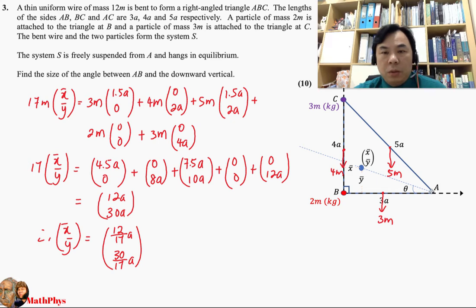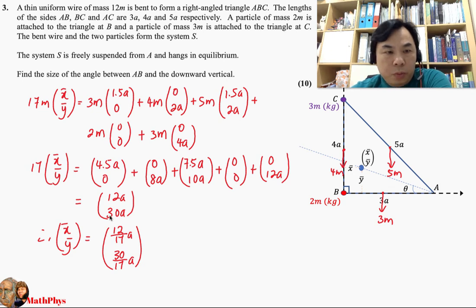Let's look at how it looks, and what would be the angle made between the side AB and the vertical. I hope that's clear. Let's check out the next part shortly.